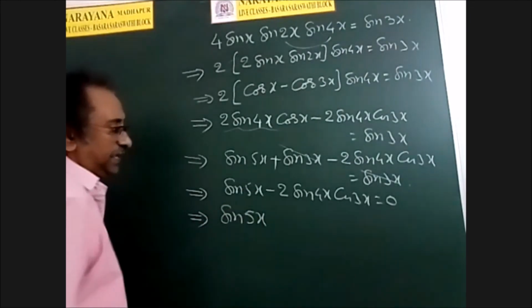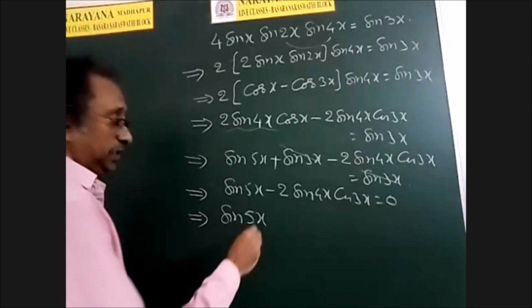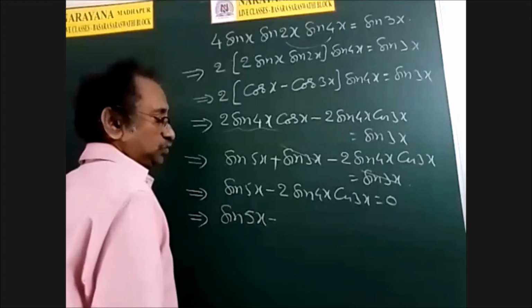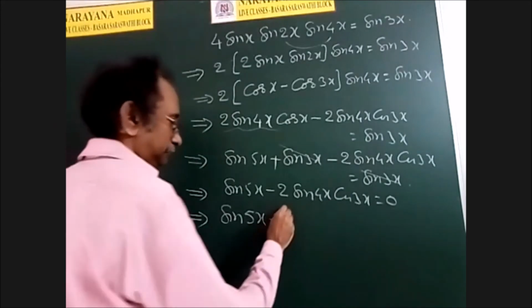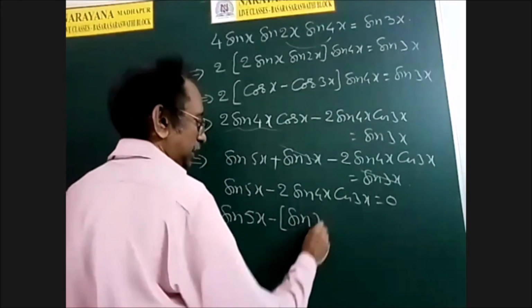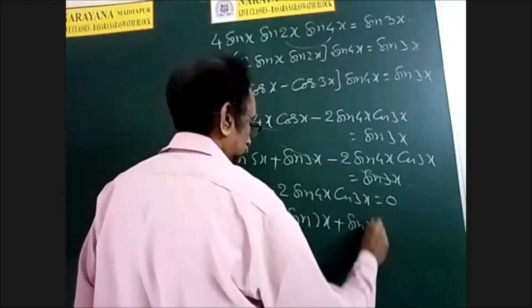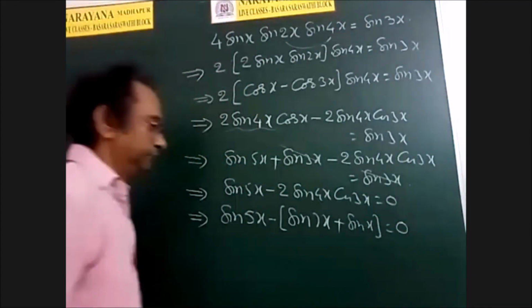So sin 5x. So any 2 sin A cos B formula. What is 2 sin A cos B? Once again, sin(A plus B) plus sin(A minus B) is equal to 0.